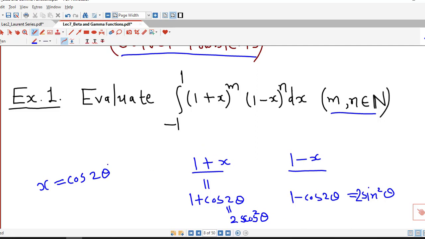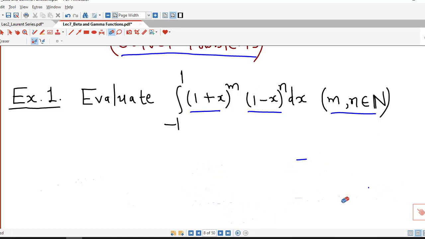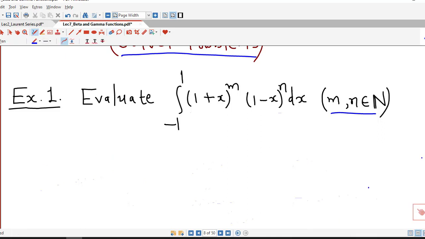So if we consider x equal to cos 2 theta, this function will be converted in powers of sine and cosine, and we have the formula for the integral of sine and cosine if the integral has limits from 0 to pi by 2. So first we try this substitution and we see whether we are obtaining limits of theta as 0 to pi by 2 or not.